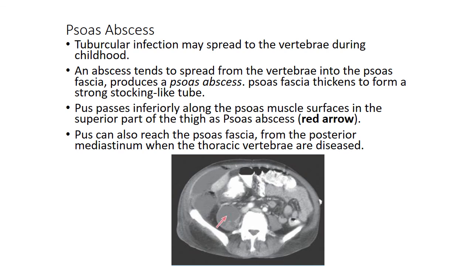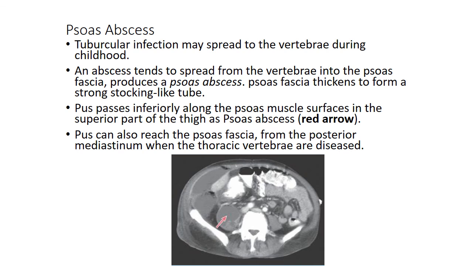Now coming to another clinical aspect, which is called psoas abscess. Tubercular infection of the vertebrae during childhood is very common. Whenever tuberculosis of the vertebral bodies has happened, the abscess which is formed can trickle down deep to the fascia of the psoas muscle and get collected in the form of a psoas abscess.